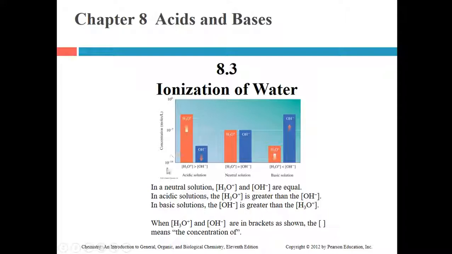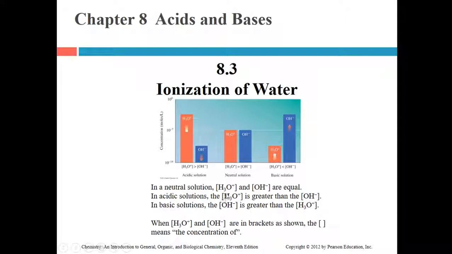In a neutral solution, our hydronium ion concentration, these brackets mean concentration, and our hydroxide ion concentration are equal. We have equal amounts of hydronium ions and hydroxide ions if the solution is neutral. But in an acidic solution, the hydronium ion concentration is greater than the hydroxide.